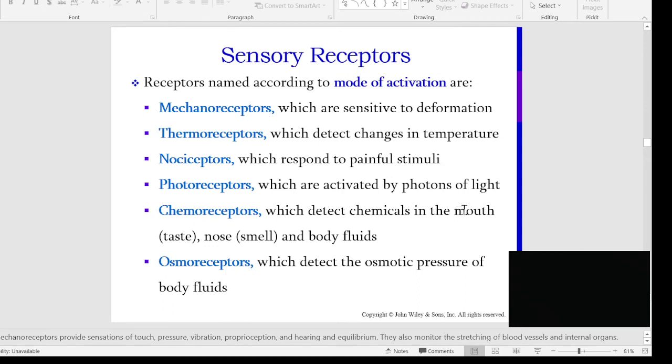Naa didto sa mouth, nose, and body fluids. Osmoreceptors. So, osmotic pressure, you have your carotid sinus and aortic bodies, no? Mga osmoreceptors na sila.